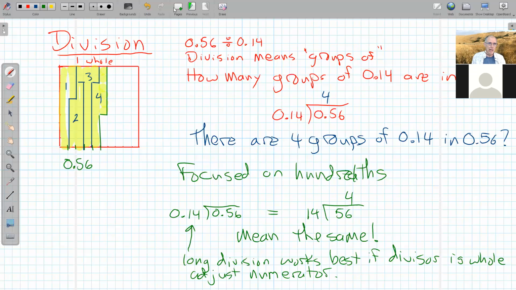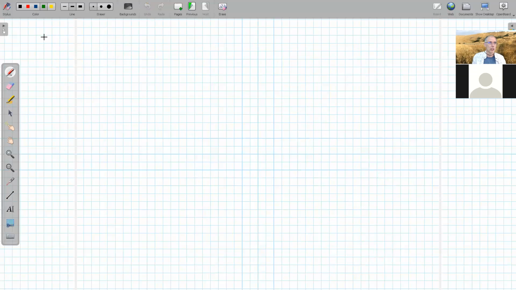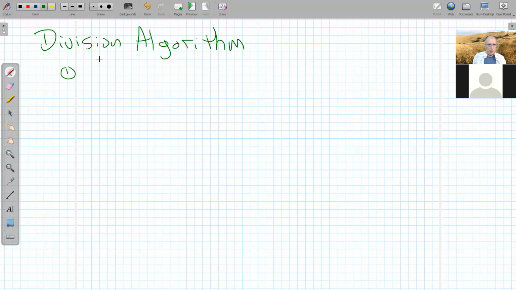Now the how is the algorithm. So remember the steps of the division algorithm, meaning long division, not whipping out a calculator, because it has its own algorithm that's not quite the same, but works the same in the end.